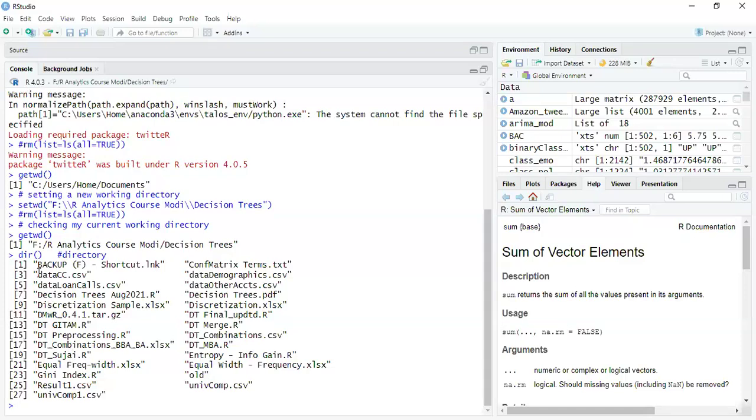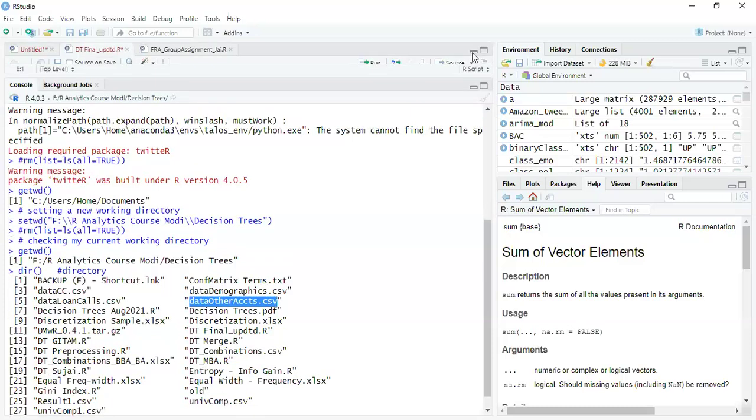What I mainly look at is data credit card, data demographics, data loans, and data other accounts. These are the four files I am interested in. My data is spread in these four files, and they are present in the set working directory.